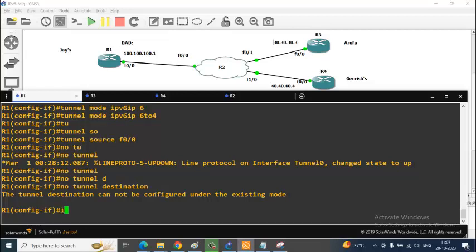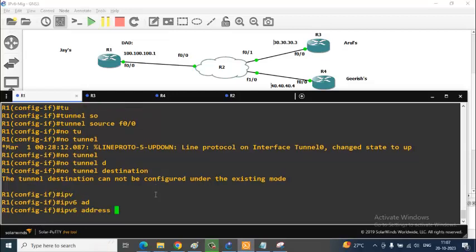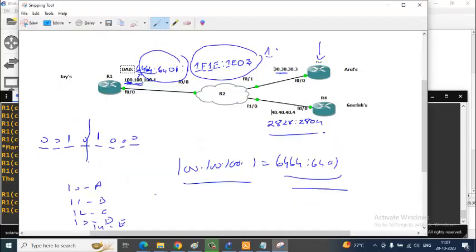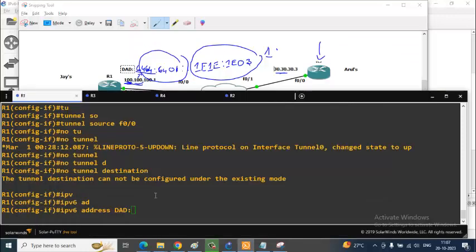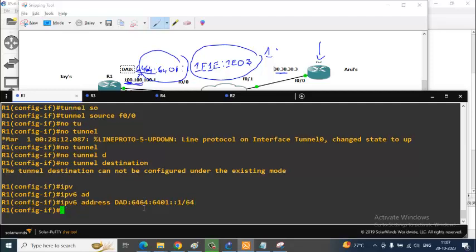Next, the tunnel IPv6 address is, as we discussed, 2002:6464:6401::1/64. That is all.